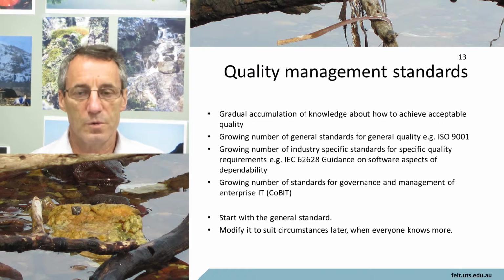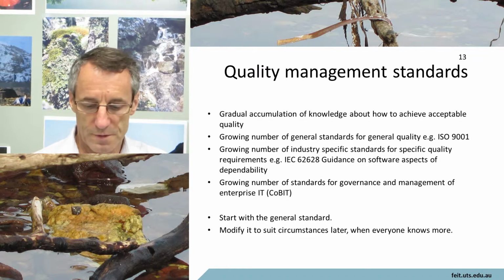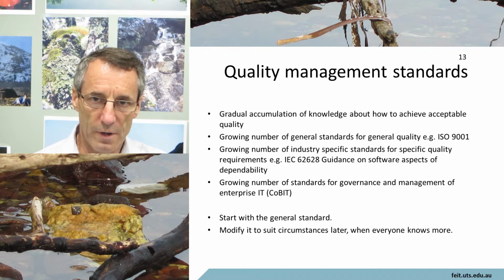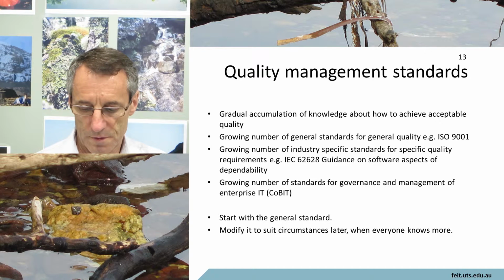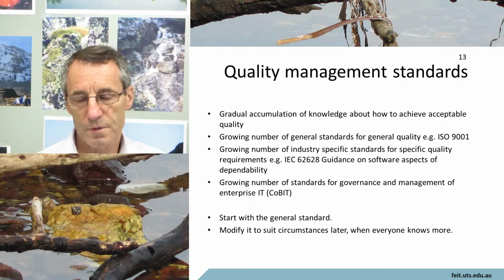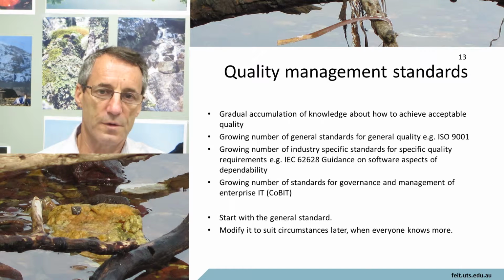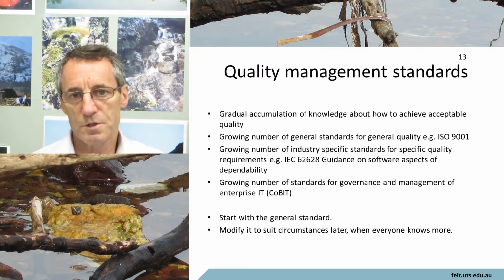And being for almost any product, they've got to be fairly general, but that's a different matter. But there are a growing number of standards concerning general quality, and a growing number of specific standards, either interpreting ISO 9001 or in addition to it.